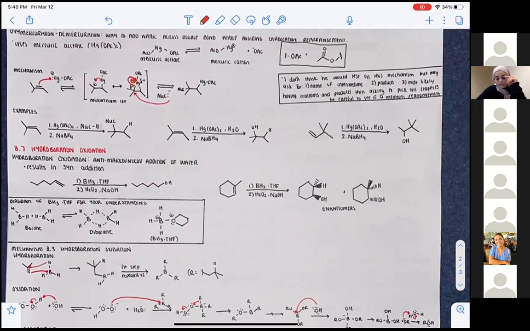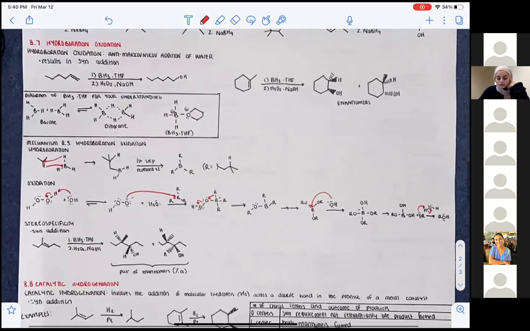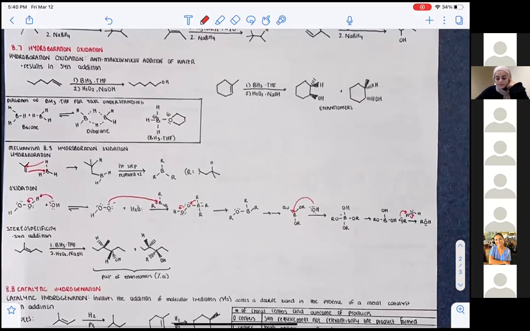So yeah, we went over anti-Markovnikov, and now we're actually going to be able to see it. So here we have BH3 THF, and then make sure that you're choosing the ones that have numbers, and make sure that you have 1 and 2. And then, excuse me, the second reagent is going to be H2O2, NaOH, and the NaOH is what's actually going to add the OH on there. So over here we have our hydroboration oxidation mechanism.